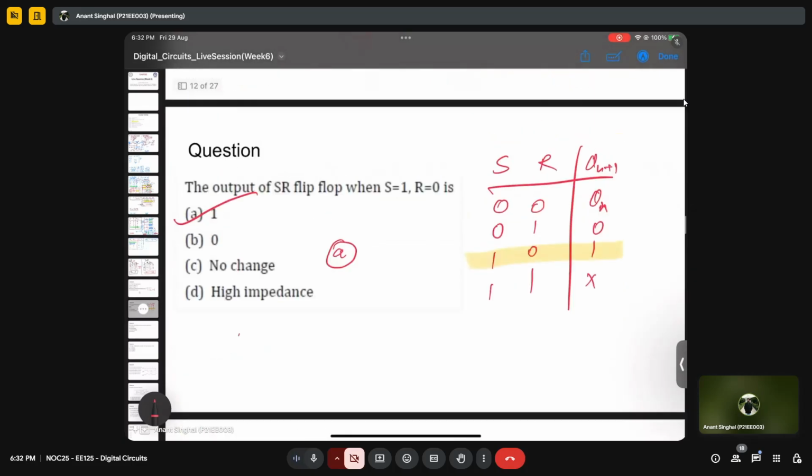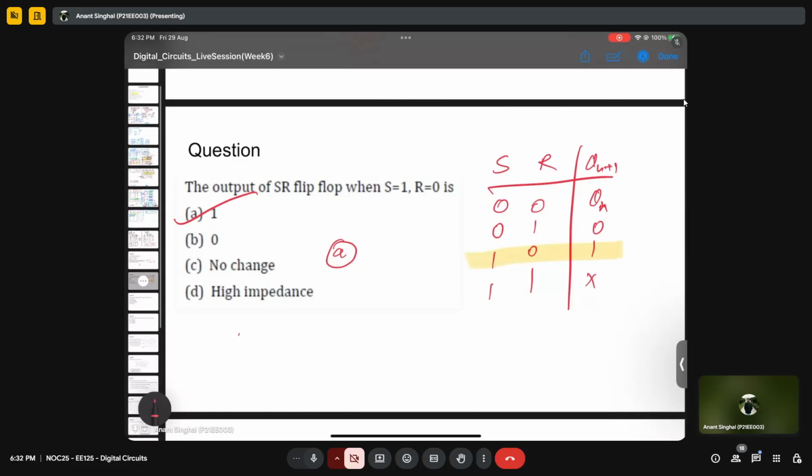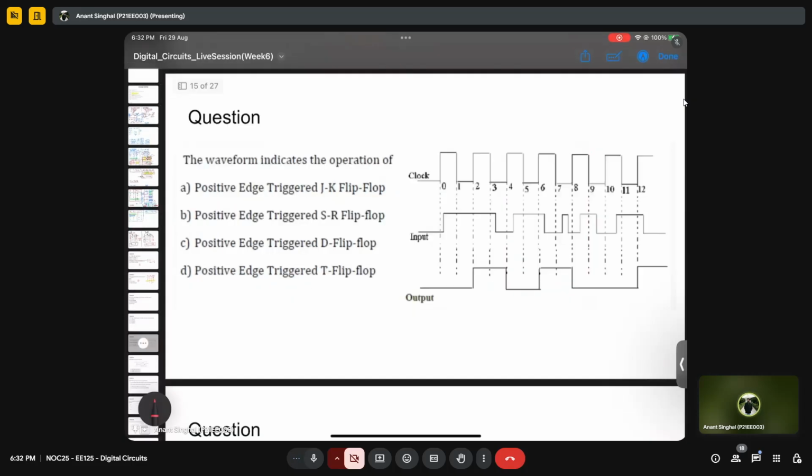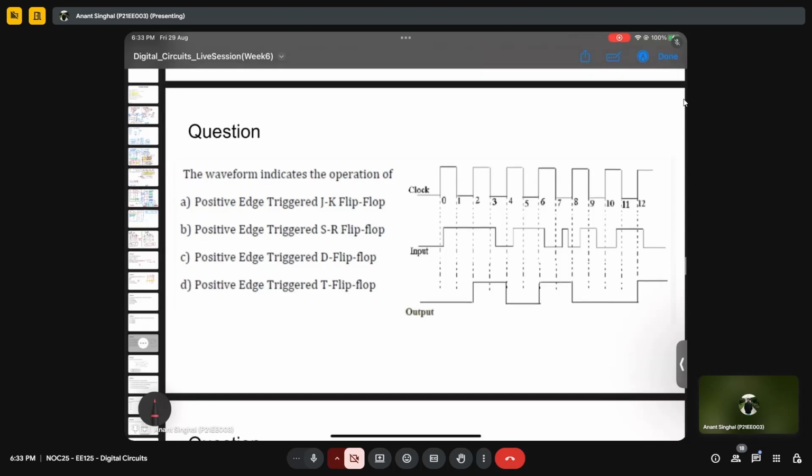Okay, let me try to get this problem. Let's try to do this now. So this is one of the questions that we have. It has a clock, it has an input, it has an output.